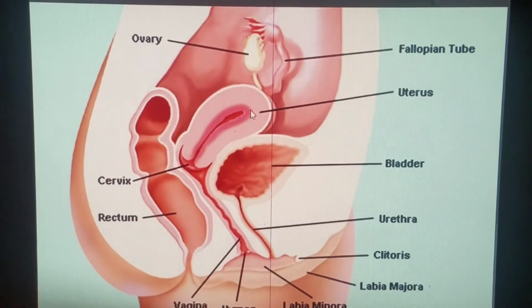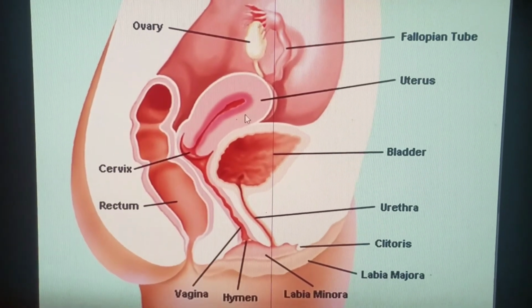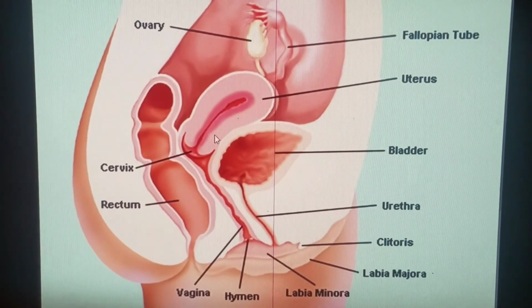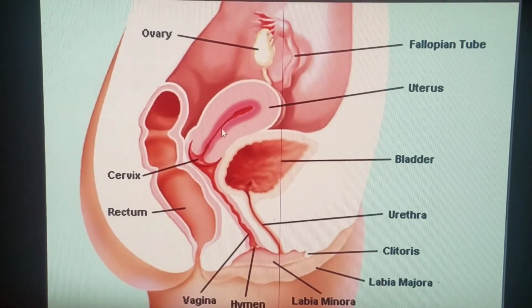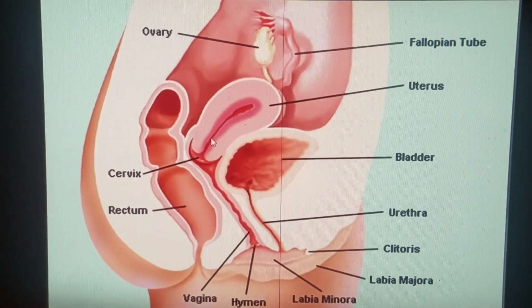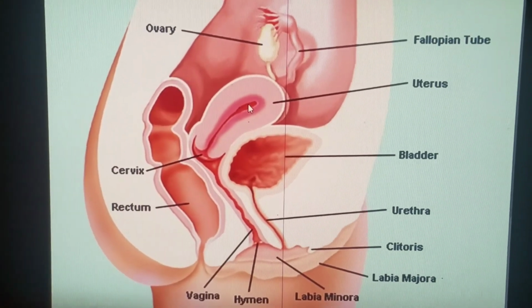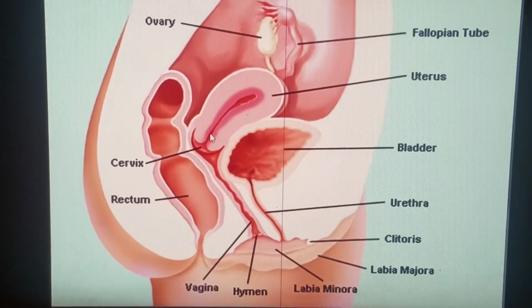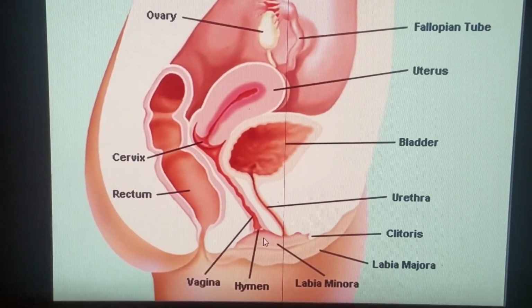We have also this muscular structure called the uterus. Now it has 3 different layers of muscle. In the center of the uterus is where a baby would grow and develop until it is mature enough and ready to meet the conditions of the outside world, and then it would leave the body via the vaginal passage.